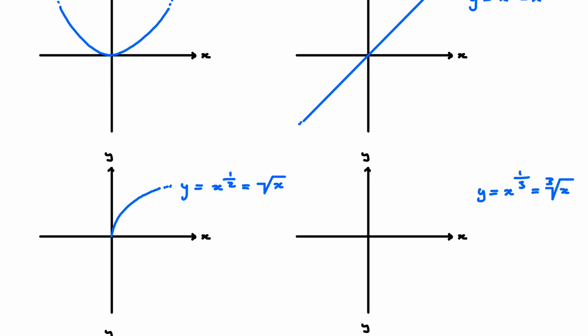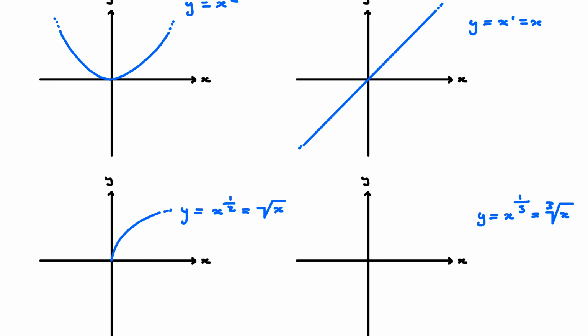This one's interesting because it is the inverse function to x cubed, so it's the reflection of x cubed in this line. It looks similar to the square root, but it's got a negative piece because you can take cube roots of negative numbers. So it's similar, but it's got this kind of thing going on at the back as well.